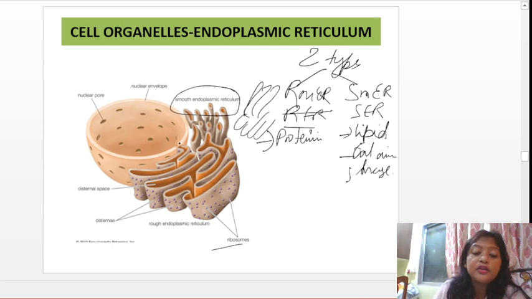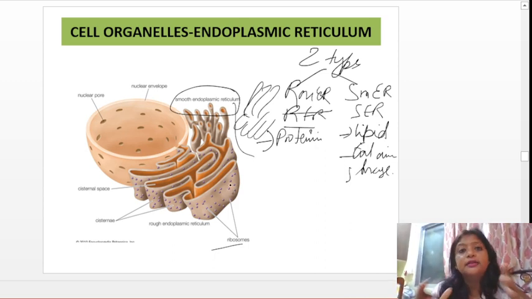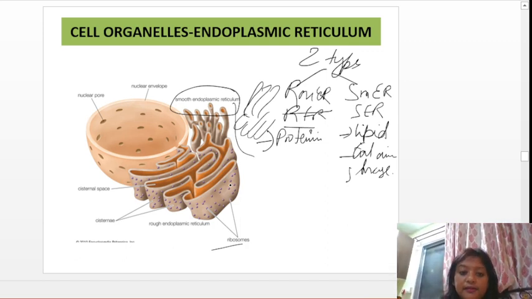Also, when they form these proteins or lipids, they are passed on to the Golgi apparatus for transport to the target sites. These sac-like structures are known as the cisternae. Remember this. So this is all about the endoplasmic reticulum.